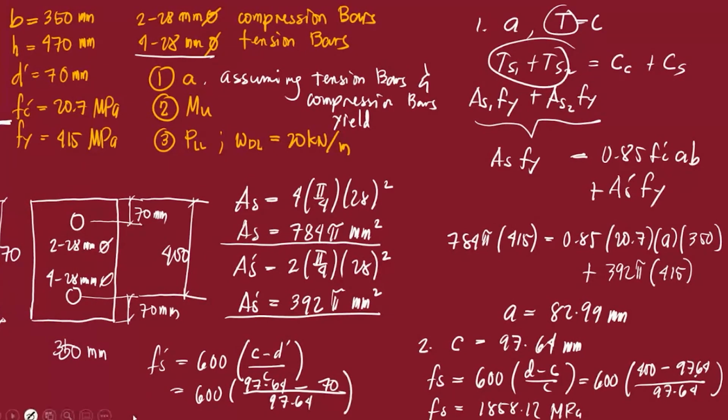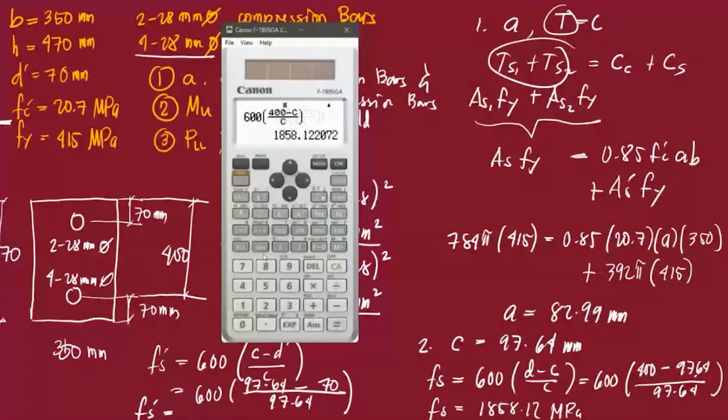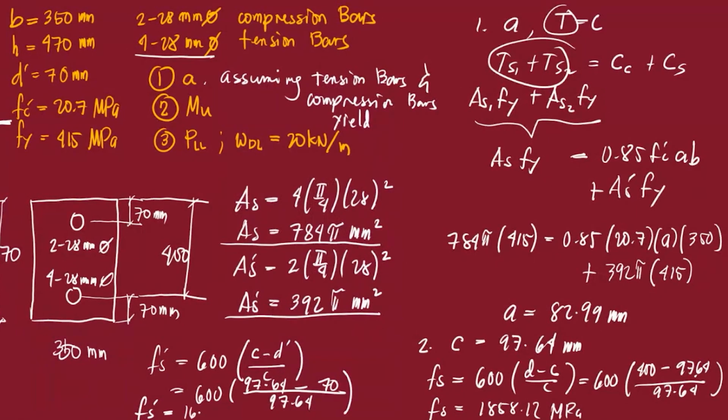The answer is 169.85. This is in megapascal. So 169.85 megapascal is your Fs prime. It is lower than Fy. Right?